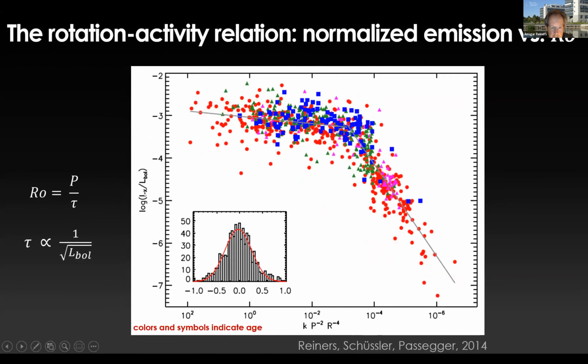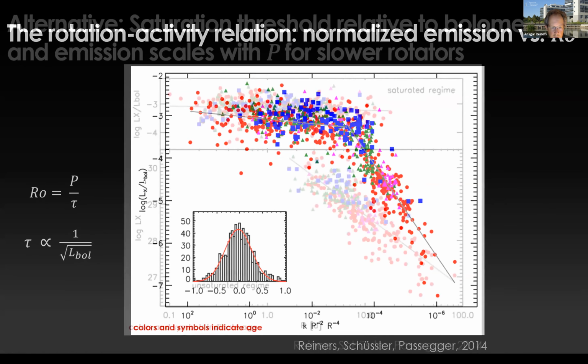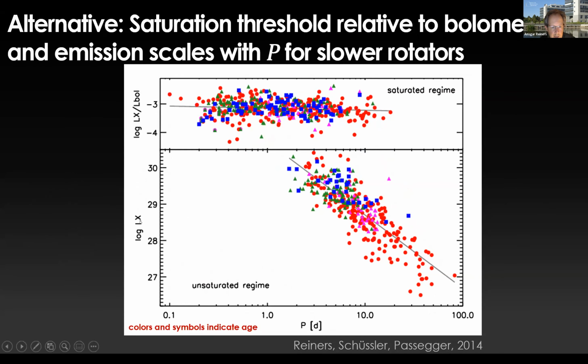We had Lx over L bol over Rossby number, which was P over tau, which is here L bol. So there's also an L bol in here, right? So you divide both axes by L bol in some way. And we took that out by simply plotting Lx over P. And you can see that this is also producing a nice form.